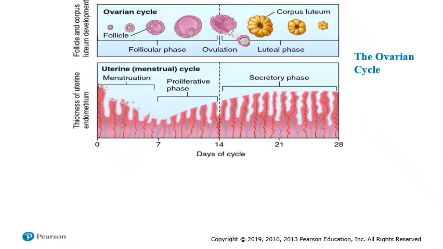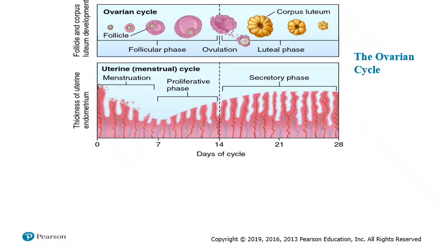In the menstrual phase, the stratum functionalis of the previous month is sloughing off, and it's going to be part of the menses. Then during the proliferative phase, it's going to be regenerated, to form again. And during the secretory phase, it will start to produce progesterone in preparation. It will prepare itself for the possible pregnancy.